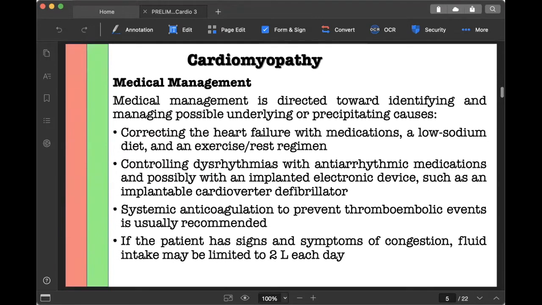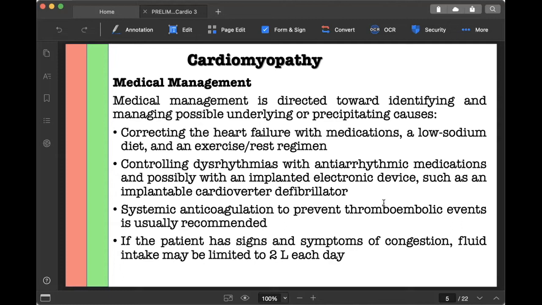How about the management of cardiomyopathy? Medical management is directed towards identifying and managing possible underlying or precipitating causes. The first one is correcting the heart failure with medication, a low sodium diet, and an exercise or rest regimen.